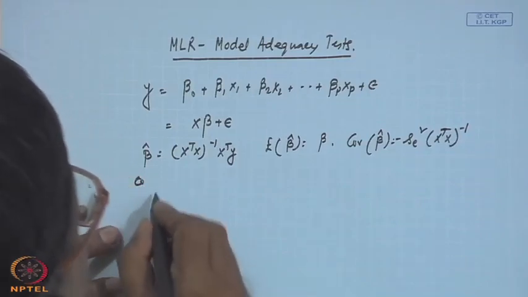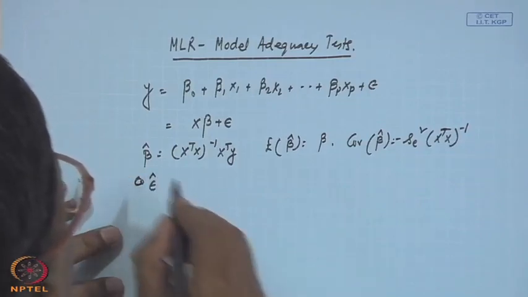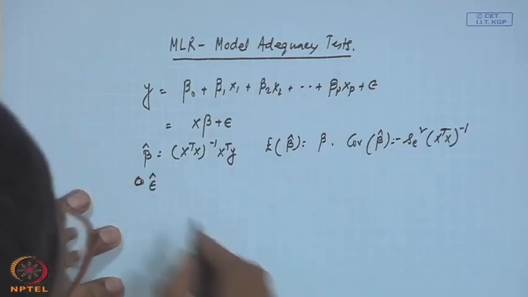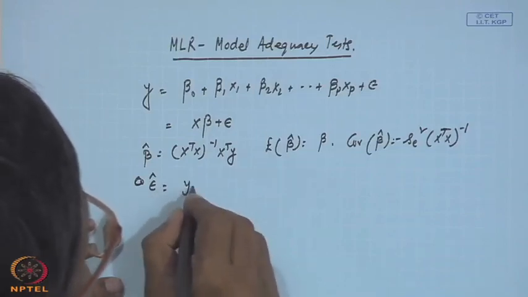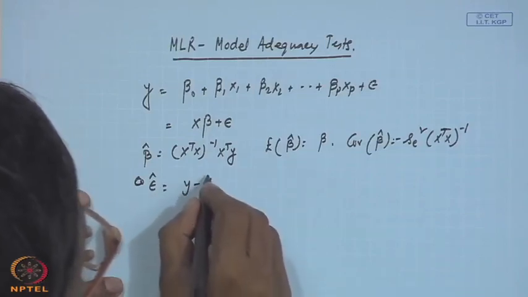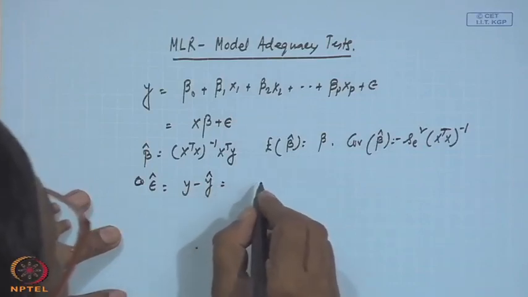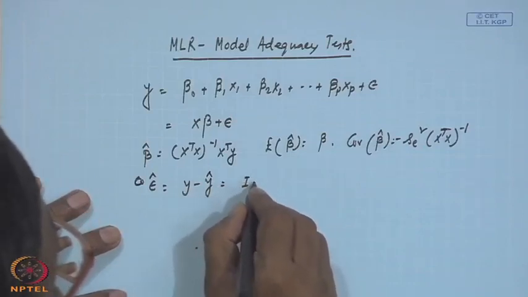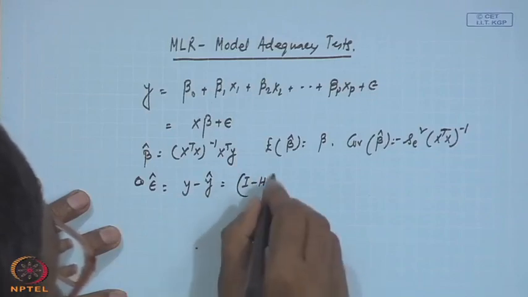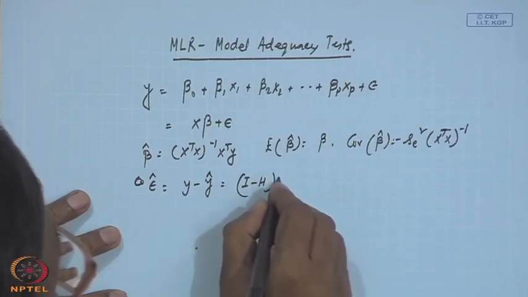We also have seen epsilon cap, which is basically y minus y predicted, and this we have seen in terms of (I minus H) into y.